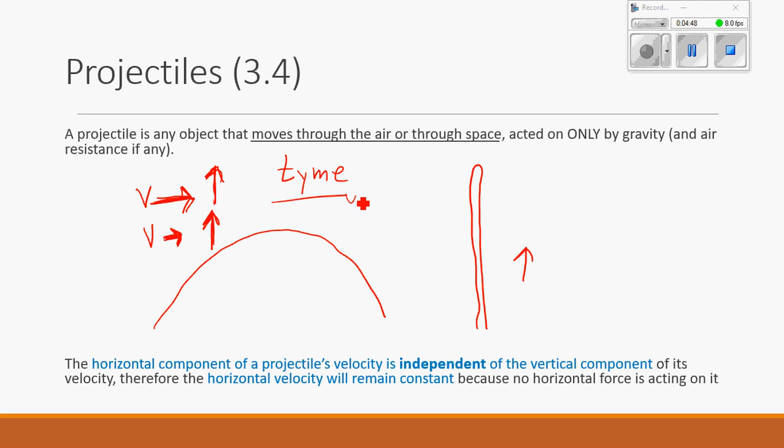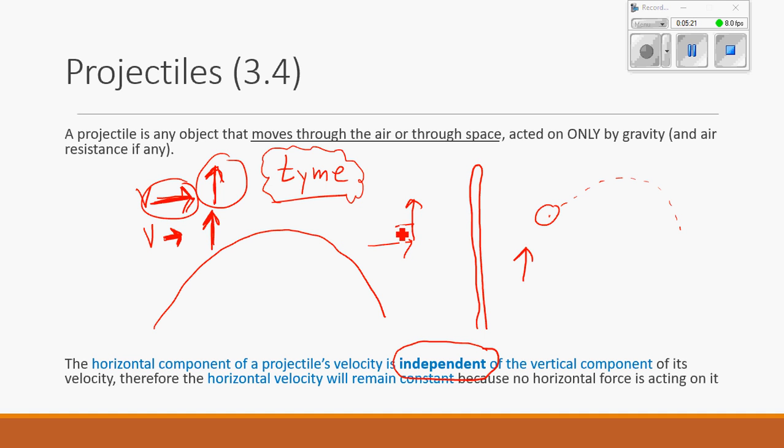It seems simple, but it's a very hard thing to understand because every time you see a ball flying through the air, you see both the horizontal and the vertical happening on the object at the same time. But we have to believe, in order to get the math correct, that the vertical and the horizontal, as long as they're at right angles to each other, act completely independent of each other in this projectile motion.